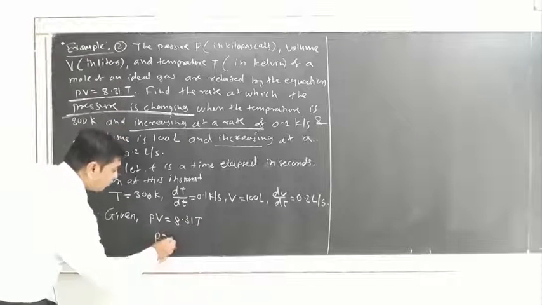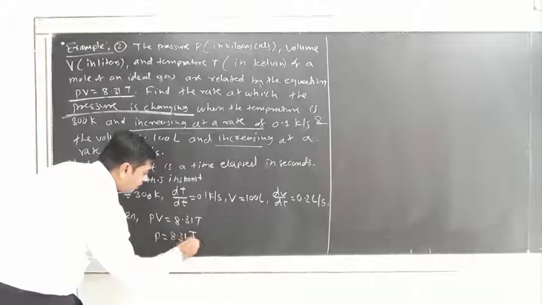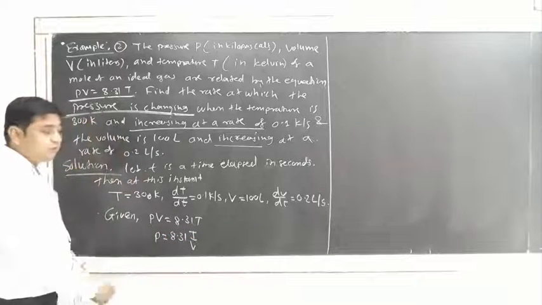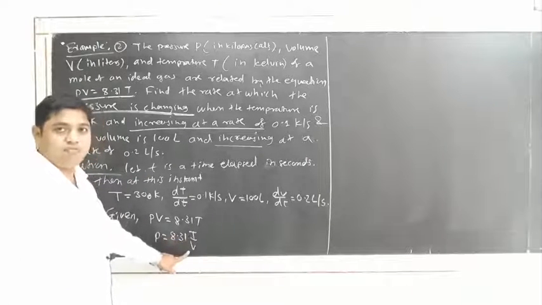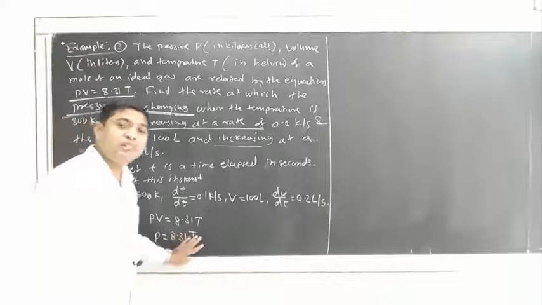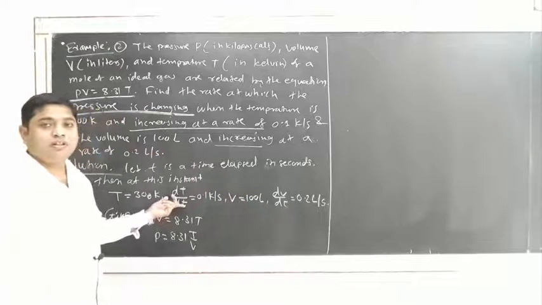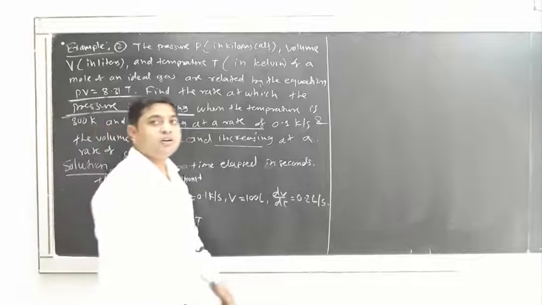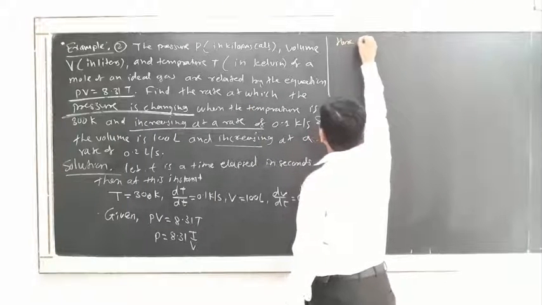We have to find the change in pressure. So we solve this for pressure: P is 8.31 T by V. Here we can see that P is a function of T and V, that is temperature and volume, and temperature and volume are again functions of time. Therefore we use the chain rule here.